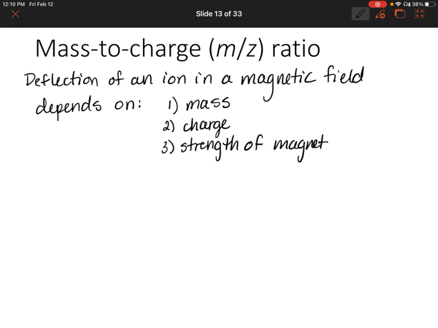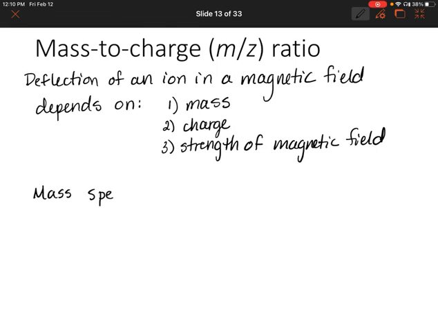And these are listed in no particular order. Okay, so let's say that you run a sample and your ions are deflected by the magnet, and then the detector detects the ions. What you end up reading is a mass to charge ratio.